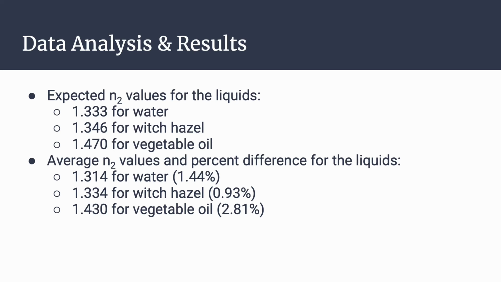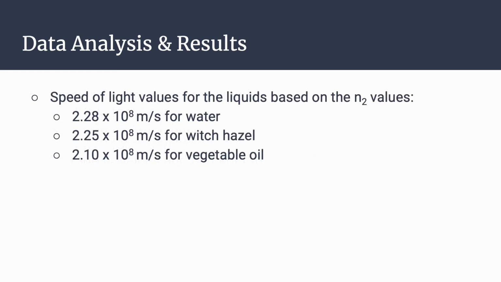The average indices of refraction that we calculated and the percent difference for each of the liquids were 1.314 for water at 1.44% difference, 1.334 for witch hazel at 0.93% difference, and 1.430 for vegetable oil at 2.81% difference. We then used these calculated indices of refraction to calculate the speed of light in each of the liquids.